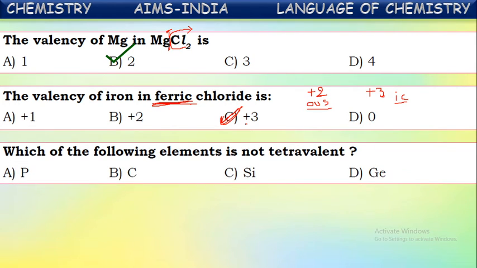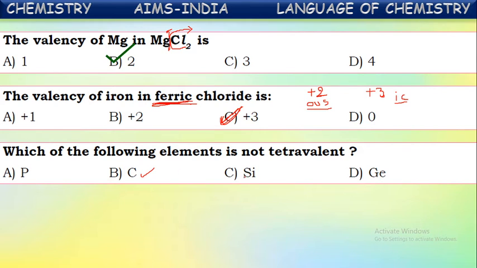Which of the following elements is not tetravalent? Tetra means 4. Tetravalent means the element with valency 4. Generally, carbon group or carbon family elements exhibit valency 4.